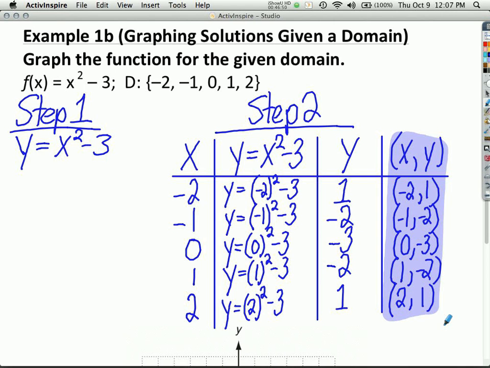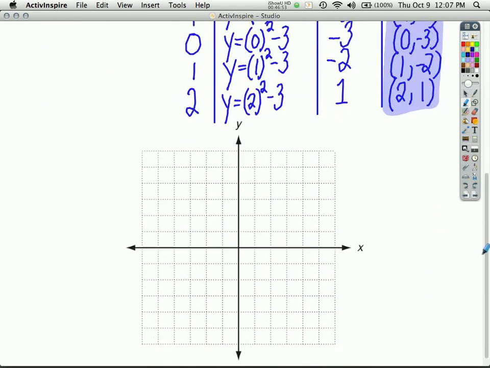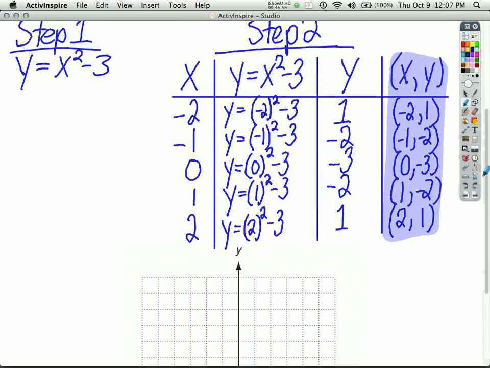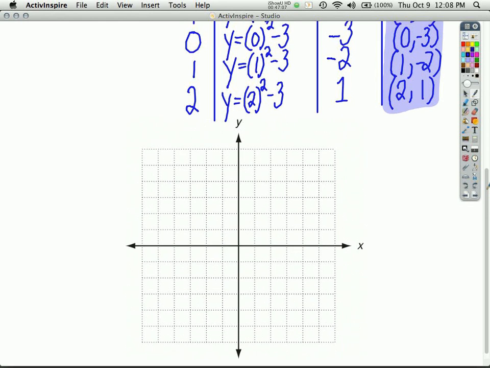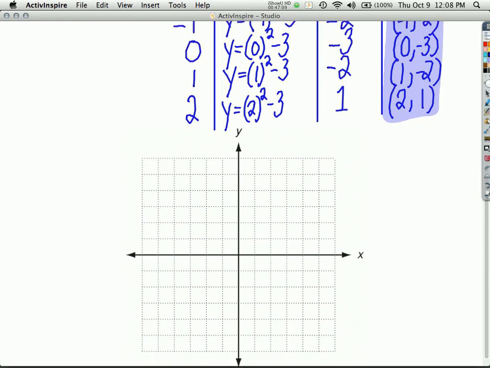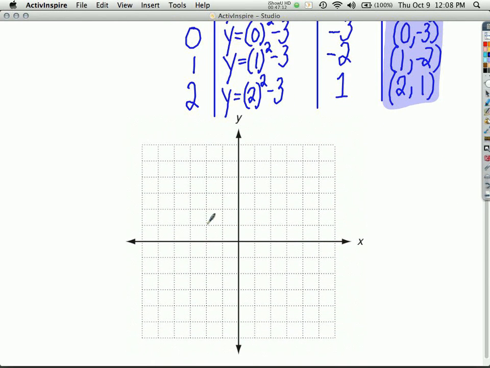Okay, so now we've got our ordered pairs. Now we can go ahead and graph them. So use your ruler and your graph paper and draw a set of axes. And now we plot the points. -2, 1. And -1, -2. 0, -3. 1, -2.